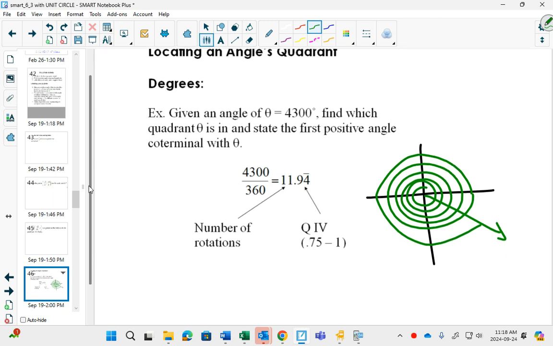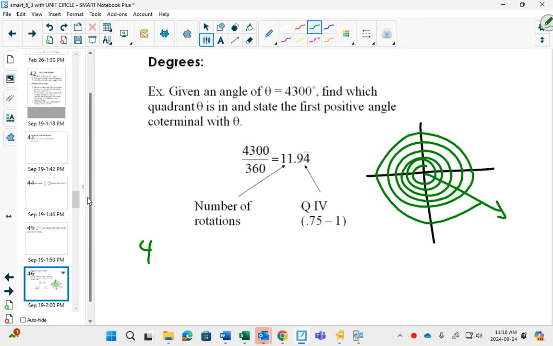So for mental math purposes, I would start with 4,300 degrees. I would probably subtract 360 degrees 10 times, because the mental math is pretty easy. If I did that, I would be left with 700 degrees. And so we could say that 700 degrees is coterminal with 4,300.